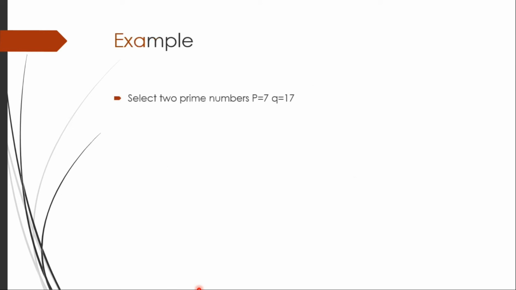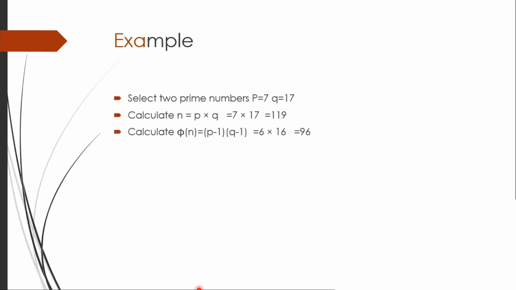Now, consider an example. Select two prime numbers p and q. P equal to 7 and q equal to 17. Calculate the product of these numbers, that is 119. Calculate Euler totient, that is 96. Select an integer e.